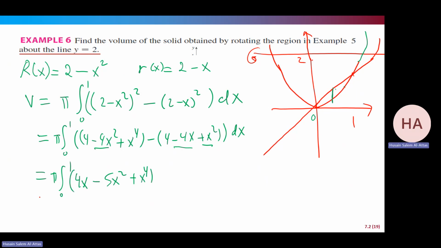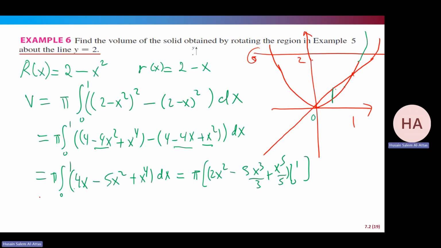That will be the answer. Now we'll do the integral of this one. That will be 2x squared minus 5x cubed over 3 plus x to the power 5 over 5, from 0 to 1.